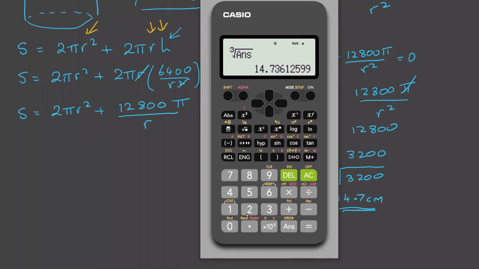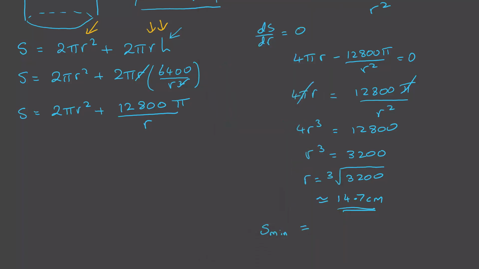So I'm going to do 2 times pi times my last answer squared plus 12,800 times pi divided by my last answer, and that gives me, let's give that as 4,093 square centimeters.